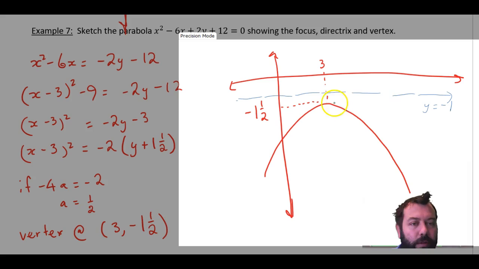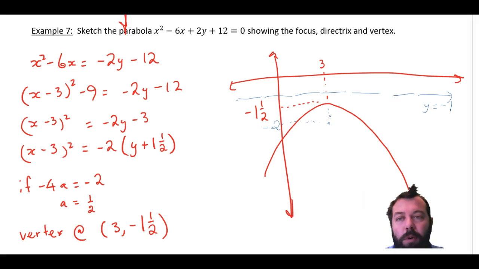Focal length of 1/2, in this case above the vertex, and my focus is going to be here at 3, negative 2.